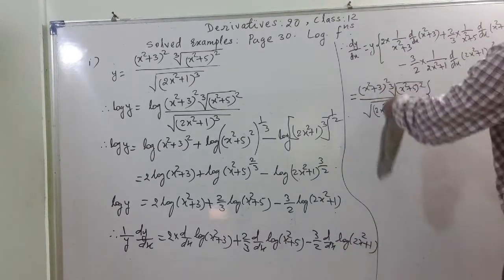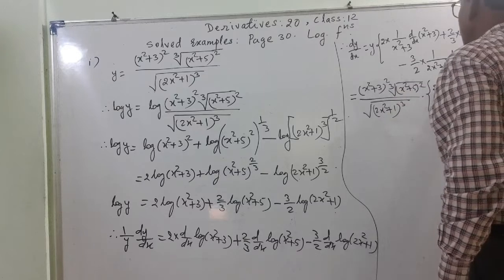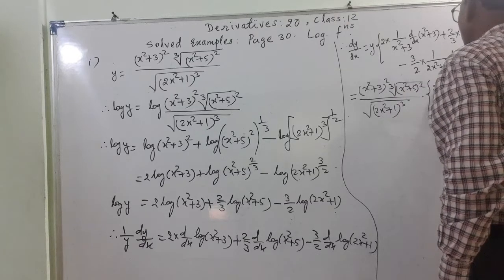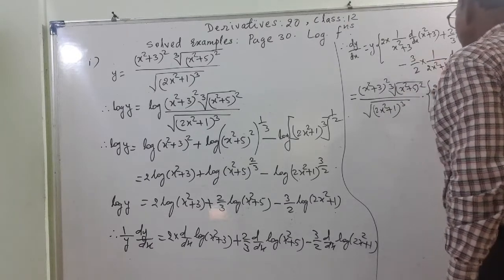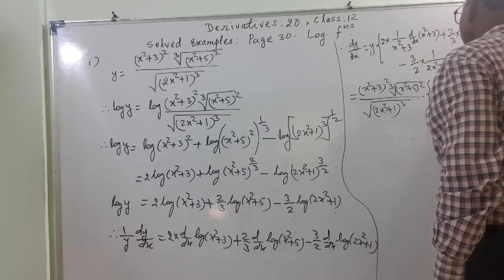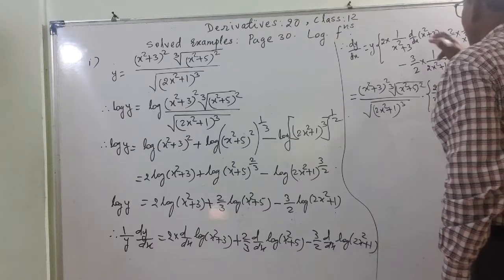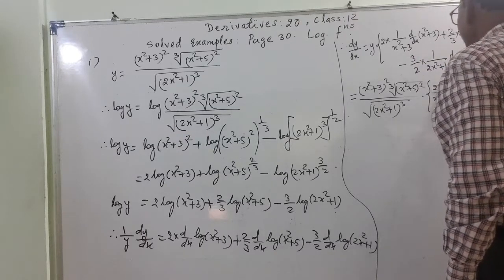This y value is this, 2 into, this is x square plus 3 here, and this is into 2x plus 0.